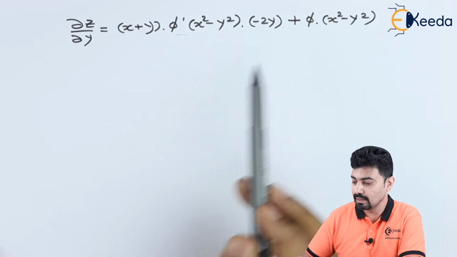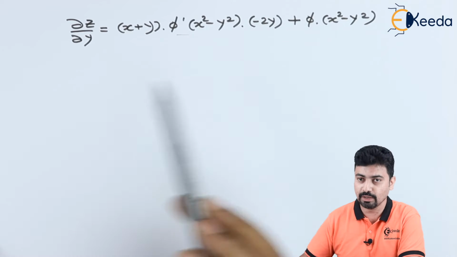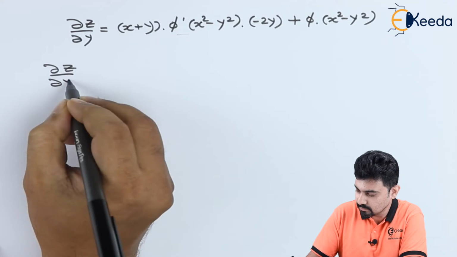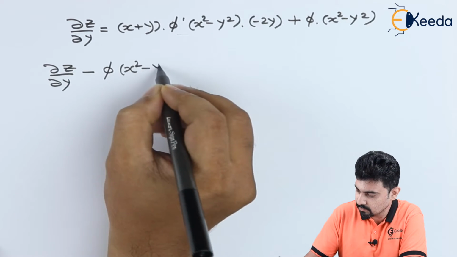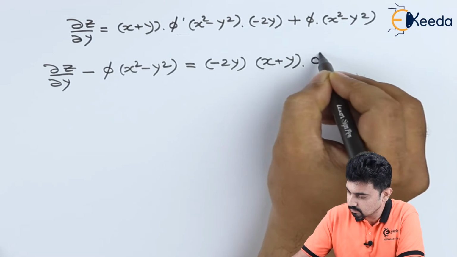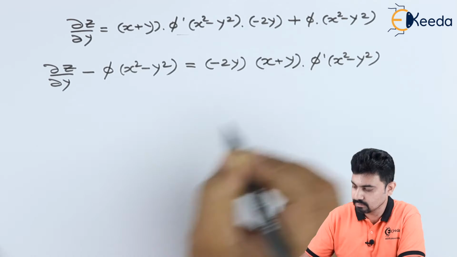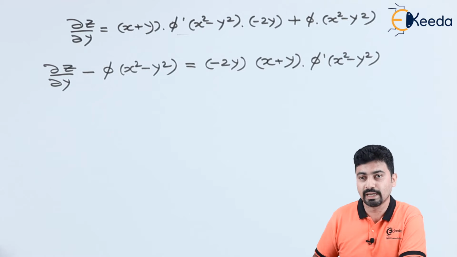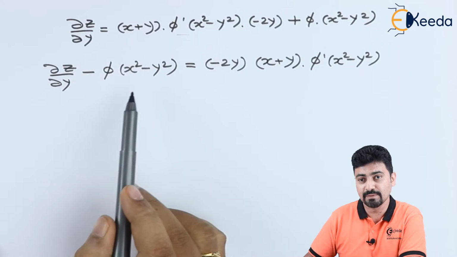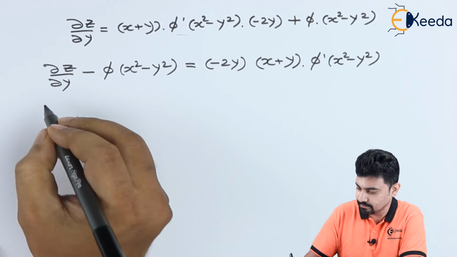Again, transferring phi of x square minus y square to the left hand side, we get this. Now we know that phi of x square minus y square from the question gives us z upon x plus y.